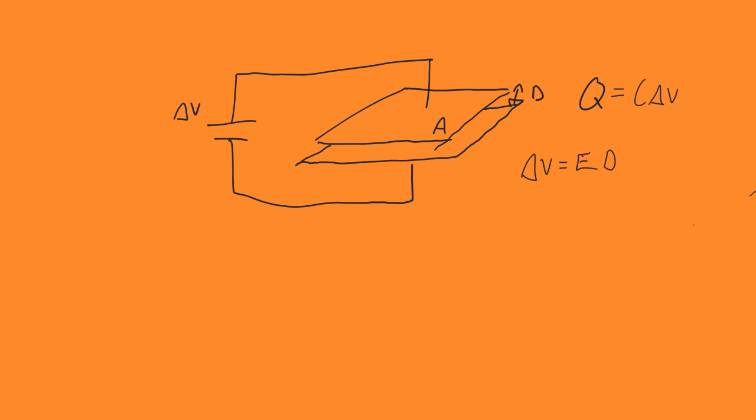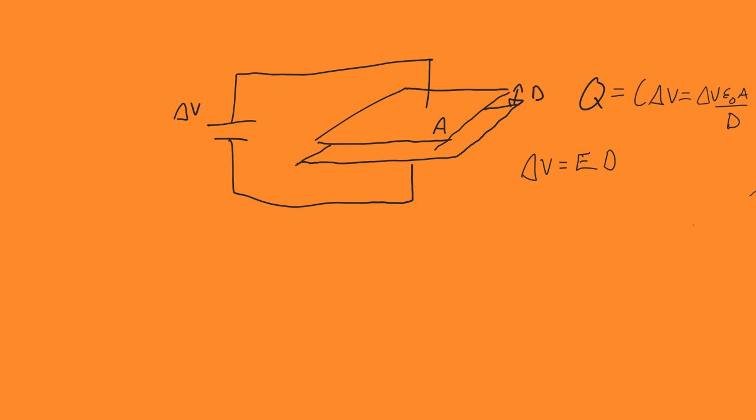Or we could go a little bit farther and say that it is delta V epsilon naught A over D, since epsilon naught A over D is the equation for capacitance here, and then we just multiply by the voltage, and that should give us the charge.